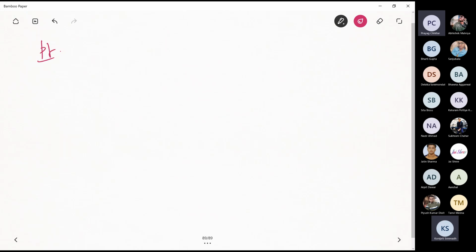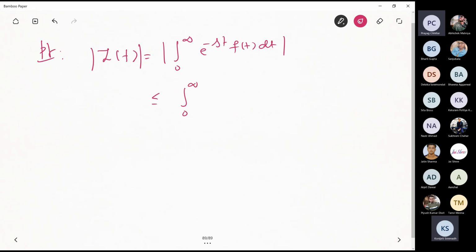So the proof of this is we write L of f, and we have to show that this is well defined. The integral of e^(-st) f(t) dt is less than or equal to the integral of |e^(-st)| |f(t)| dt.